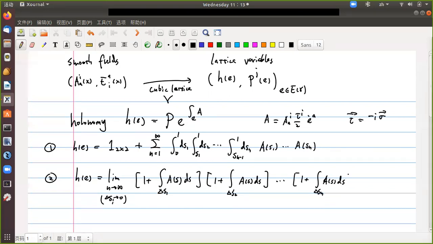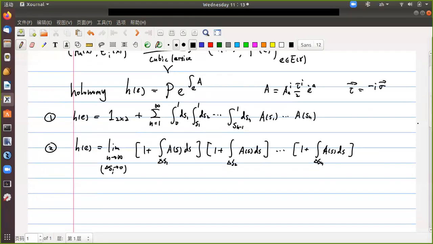Okay, so in the second formula, what we have done is just taking this edge e and dividing it infinitesimally into many small intervals, delta s_1, delta s_2, and so on. We divide this edge into small pieces, right?